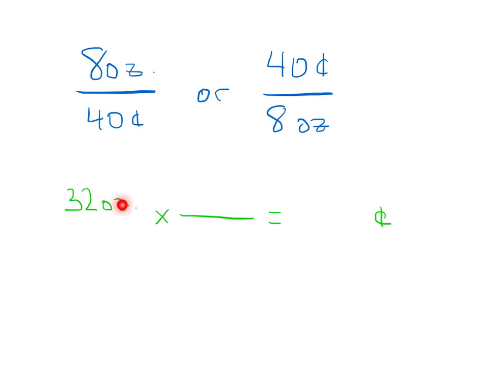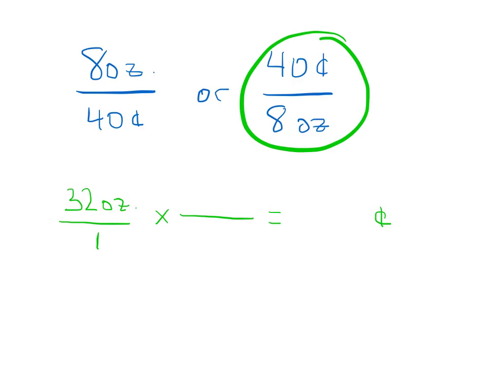Well, ounces over here is, if I write it as a fraction, on the top. So I want ounces to be down on the bottom over here. This one has cents on the bottom, this one has ounces on the bottom, so I'm going to choose this one over here. So we'll take that, we'll say 8 ounces over there, 40 cents. And the reason that I chose that is so that I could cancel those two labels. So I'll be left with 8 on the bottom.